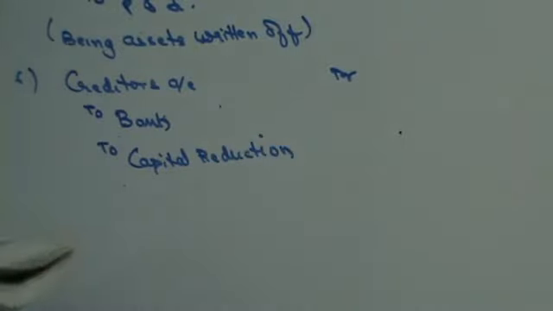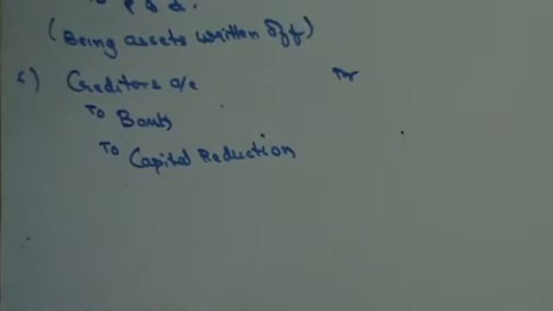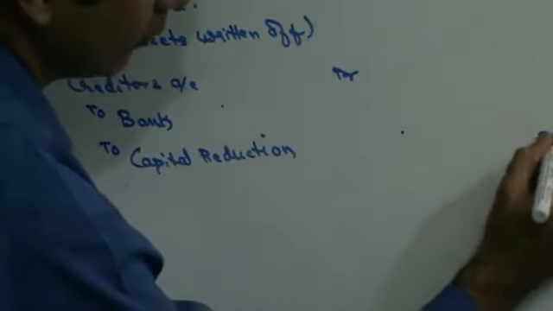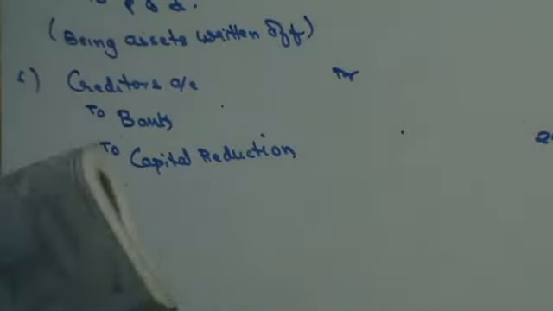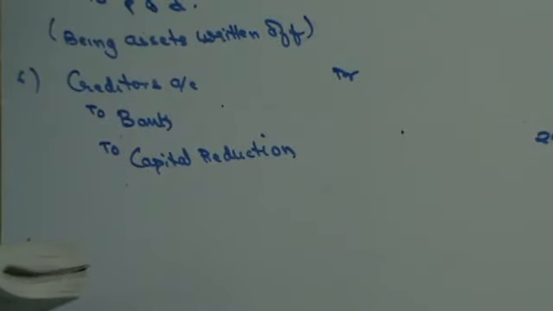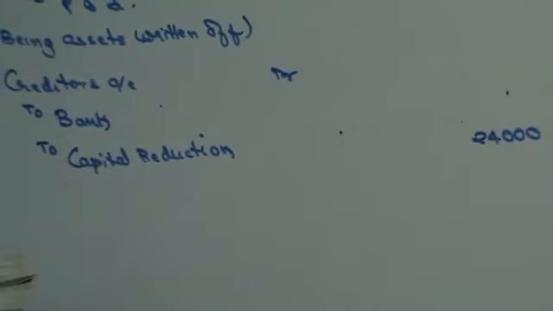Now, what have they said? That trade creditors agree to forego 25% of their dues. Creditors as per balance sheet is 96,000. Someone please find out 25% of 96,000. 24,000. That means 24,000 they are going to forego. And on the condition that 25% of the net liability after remission. Their claim was 96,000, out of which 24,000 has been written off.